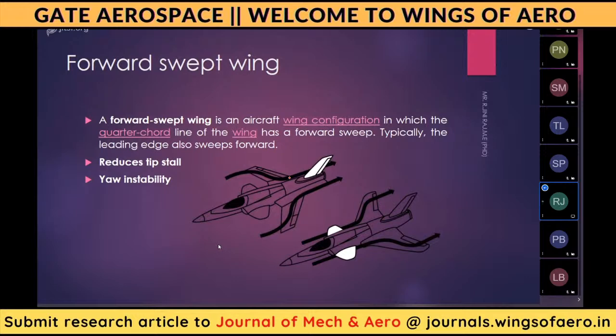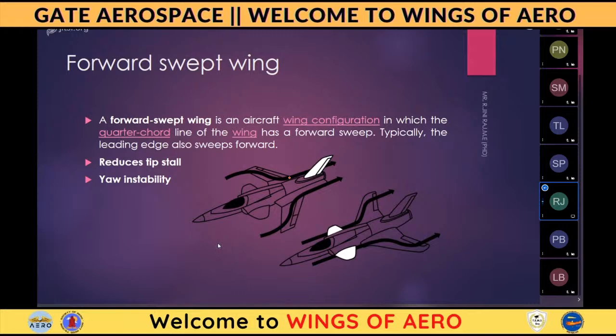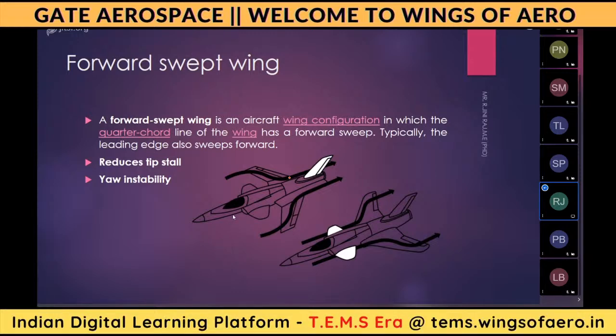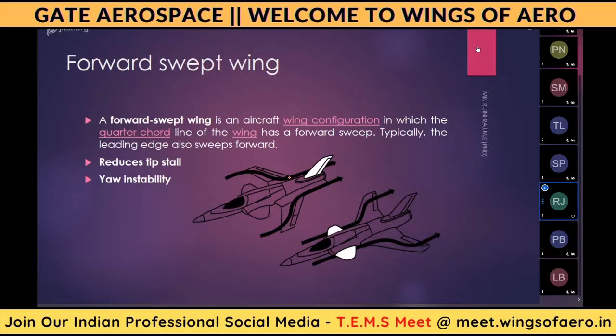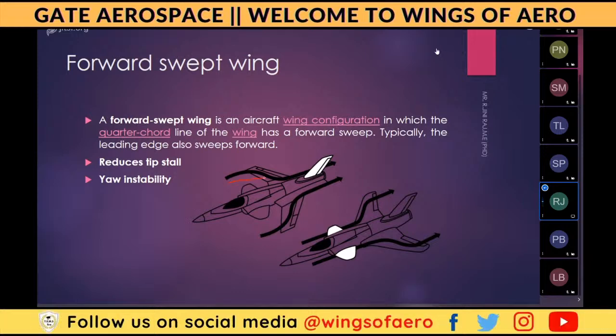First, in our last class itself, we had a small doubt about forward swept wing. Why is forward swept wing chosen for military aircraft, and what is the advantage over the aft swept wing? In aft swept wing, the vortices will be formed at the wing tip. You can see this arrow mark.